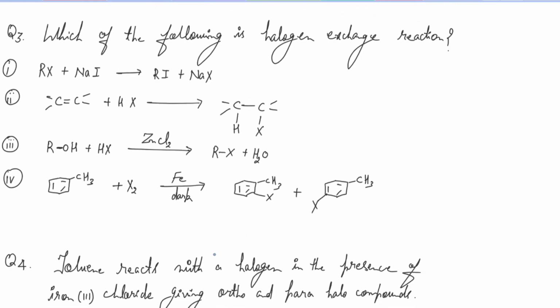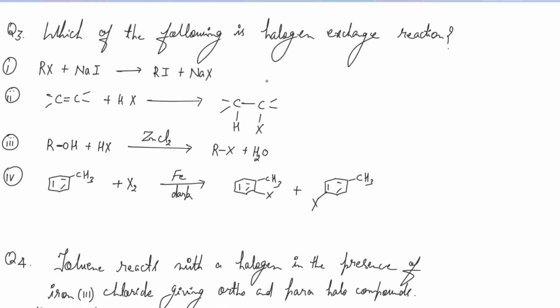Let's see question number three. Which of the following is a halogen exchange reaction? Now what do we mean by a halogen exchange reaction? A halogen exchange reaction means the halogen gets exchanged, okay. So in case of the first, as you can see, this is the alkyl halide and this is sodium iodide.